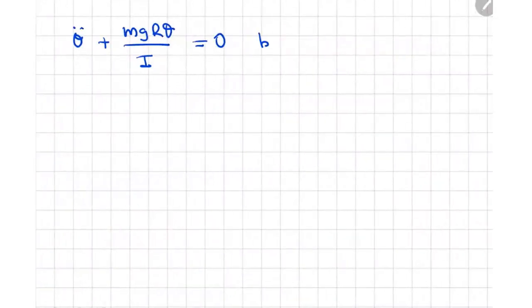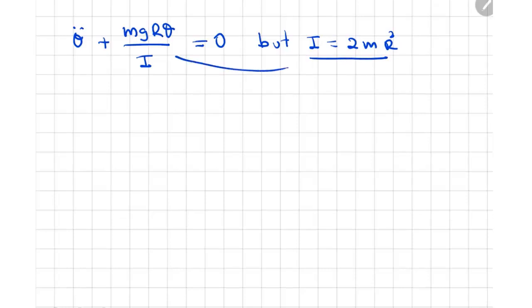Well, but I is equal to mr squared. We know that in advance, okay? I'm going to write mr squared. If we replace this term into this equation, we get theta double dot plus mgr theta dividing 2mr squared equal to 0.